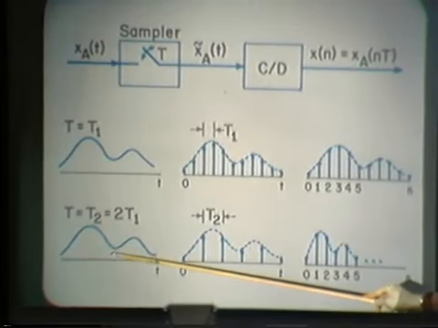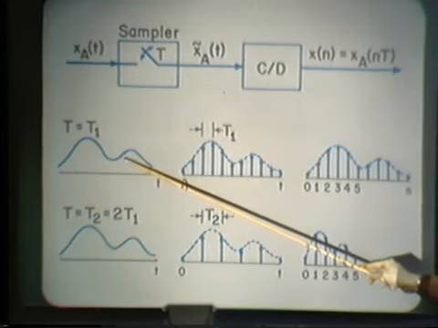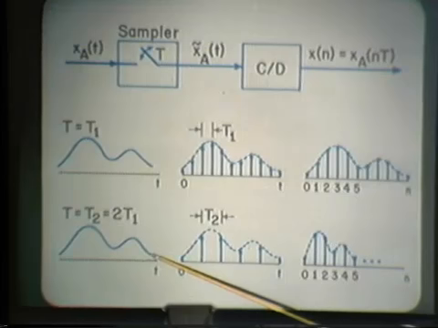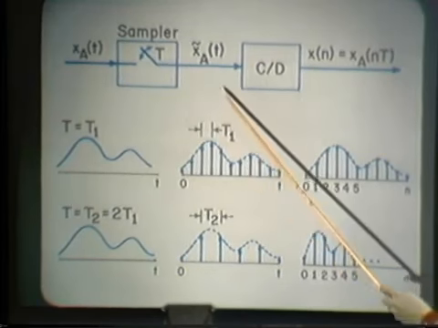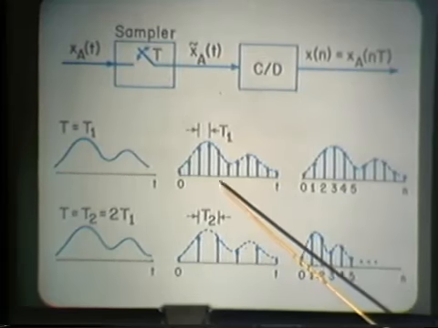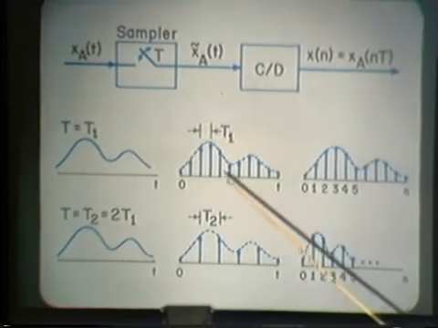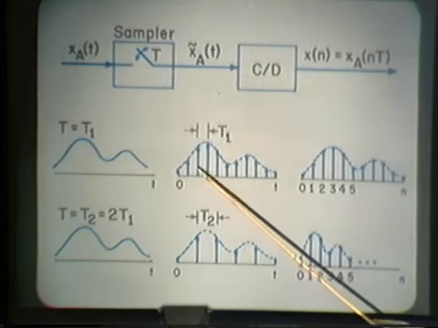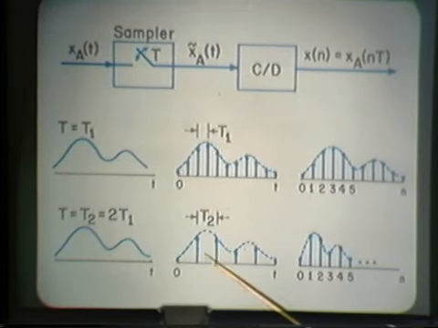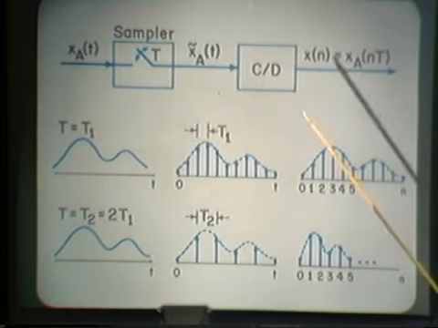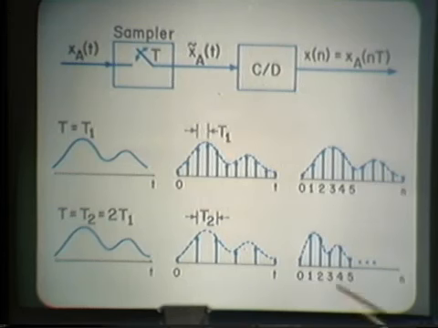Now, I've illustrated it here for one choice for the sampling interval capital T. Let's down here illustrate it for a sampling interval that's twice as long. Well, of course, we have the same continuous time input. The sampled output, x sub a tilde of t, has the same envelope, but the spacing of the impulses is twice what it is here, and that I've indicated. The envelope, of course, is the same. But at the output of the continuous time to discrete time converter, what do we have?